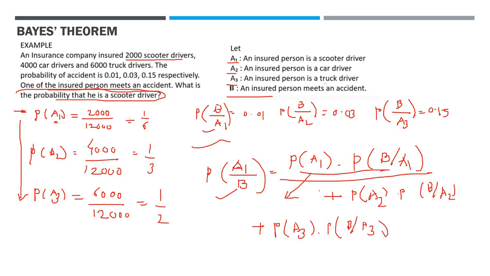This total thing comes at the bottom. The numerator and denominator for this term are the same, then for events A2 and A3. Now everything is given here, you just multiply all the terms.